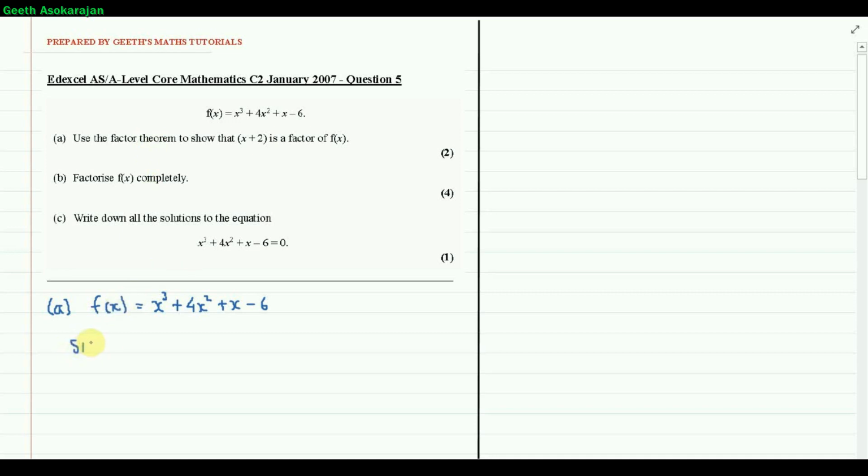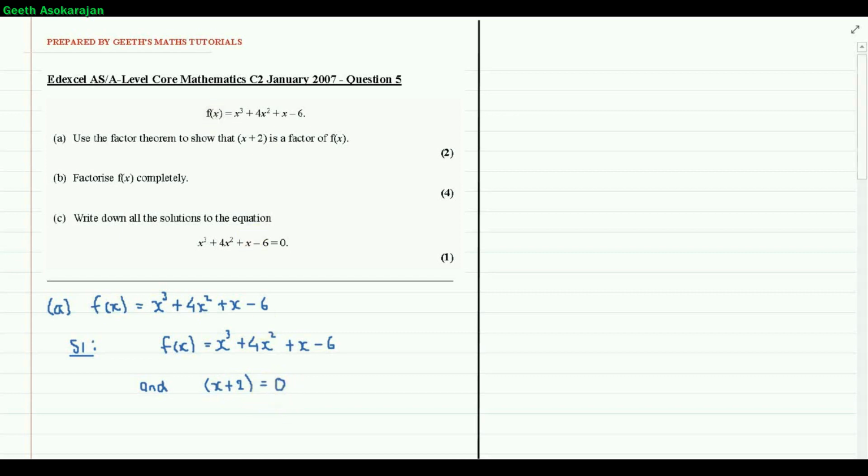However, let me talk through the steps. S1 relates to step number 1, and in step number 1 we know f(x), so let me copy that out again. It's x cubed plus 4x squared plus x minus 6. And we take the term, which is x plus 2 in the question, and we always equate that to 0 as a part of step number 1.